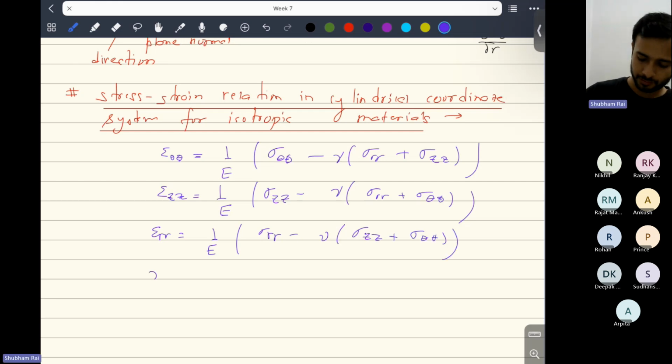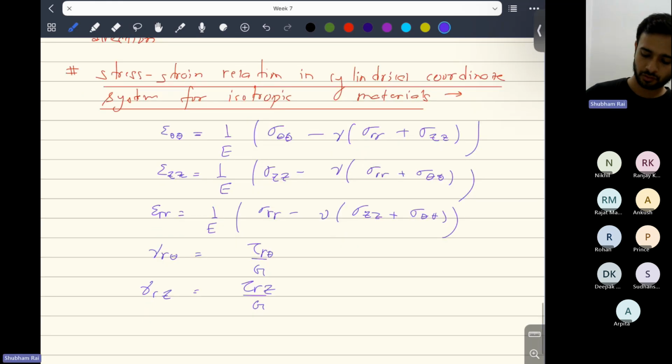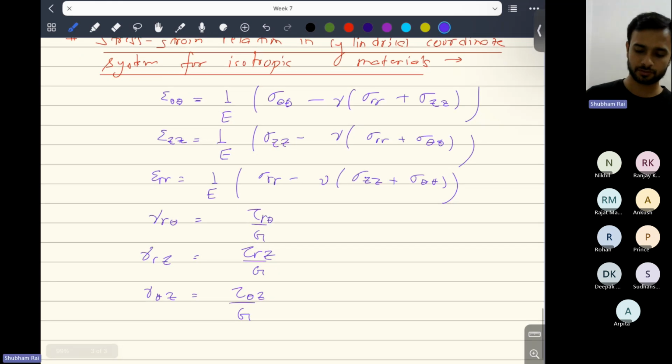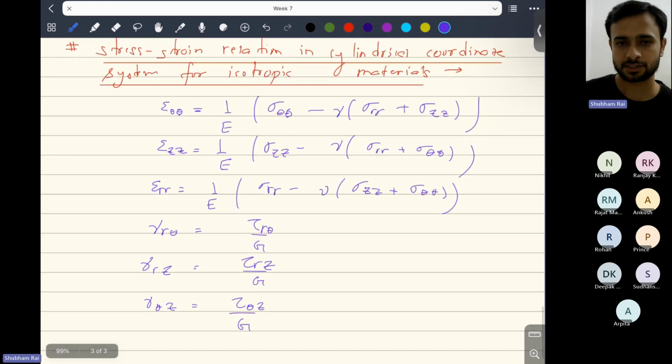Then you have the shear strains: gamma R theta is given by tau R theta divided by G, gamma RZ is tau RZ by G, and gamma theta Z is tau theta Z by G. So this is the stress strain relation in the cylindrical coordinate system for isotropic materials.